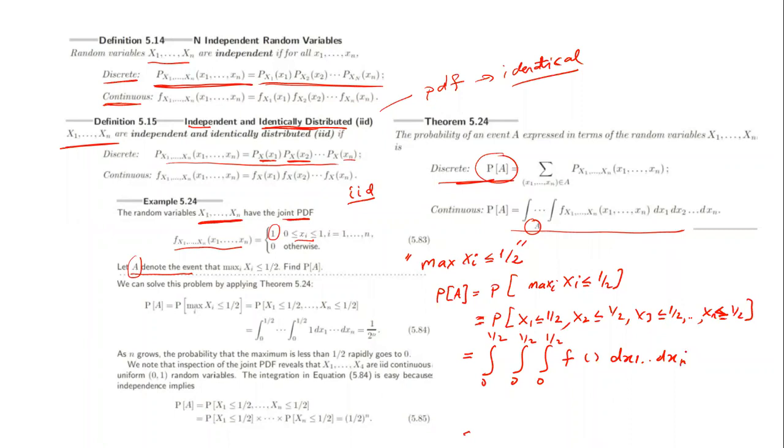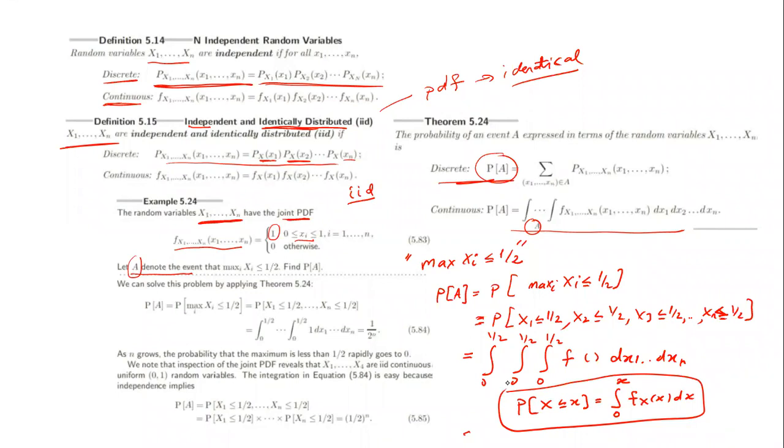Why? Because remember the formula: the probability that X is less than or equal to x was simply the integration of the PDF from 0 to x. This was the formula, so we simply use this for the joint PDF.